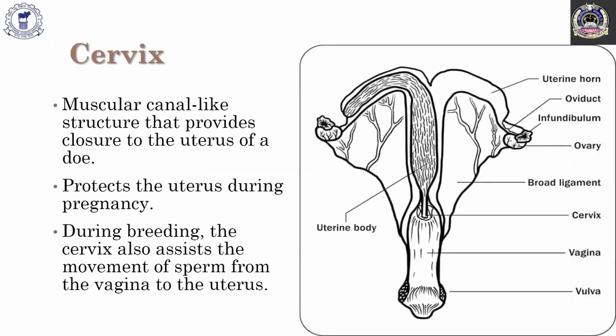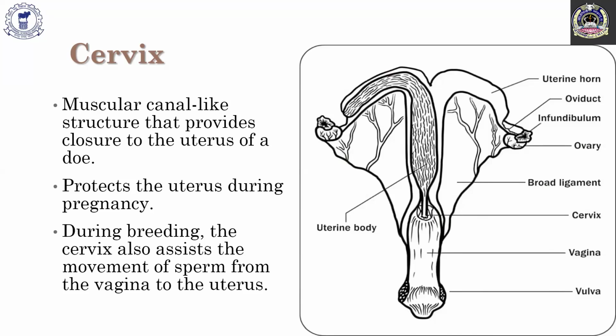The last one is the cervix portion. This is the muscular canal portion. It is a structure that provides closure to the uterus of a doe, and it protects the uterus during pregnancy. Throughout the pregnancy, the cervix plays a very crucial role in protection.